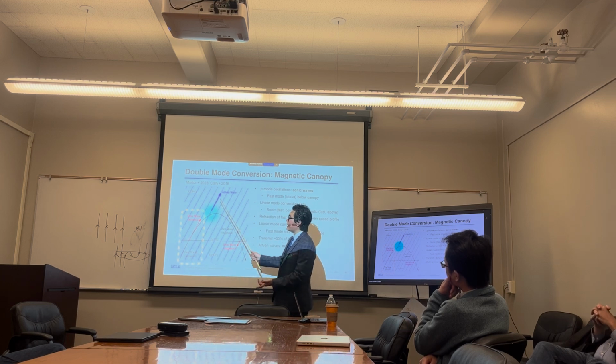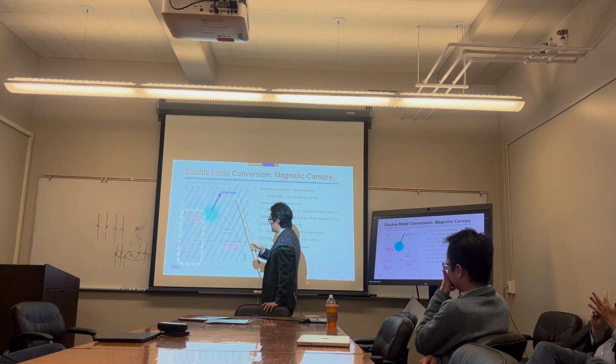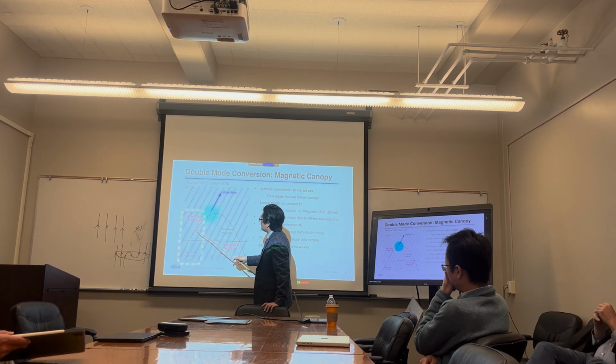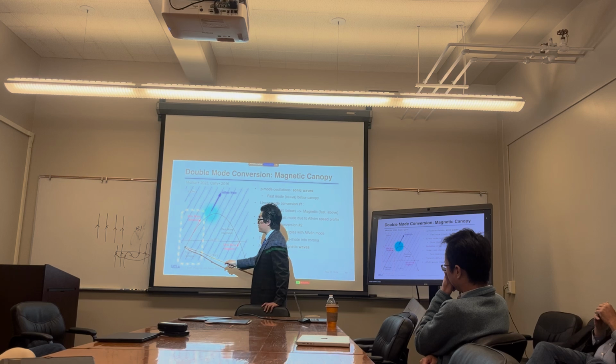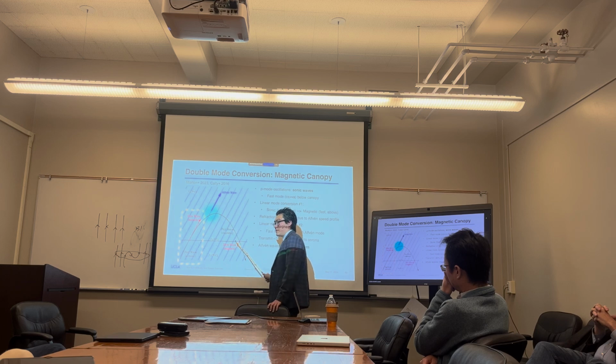What really happens in this double mode conversion proposed by these people in the past decade is that you start with a compressive fluctuation in the photosphere and it becomes a fast mode in the chromosphere. And because there's a steep Alfvén speed profile in the chromosphere, the fast mode will be refracted back like this.